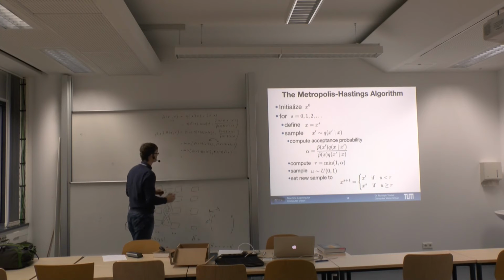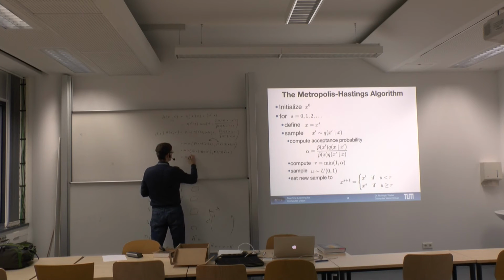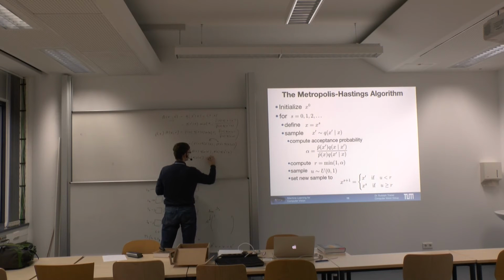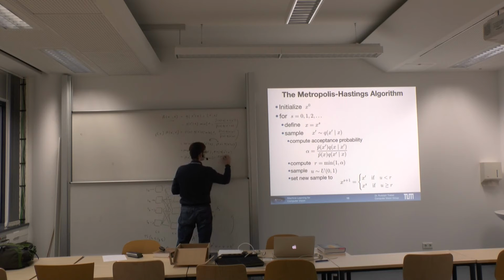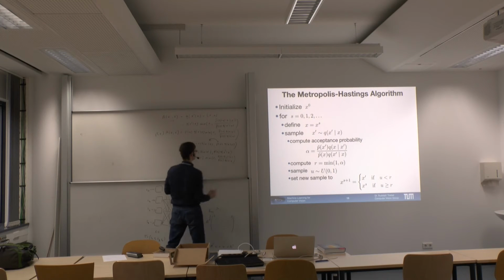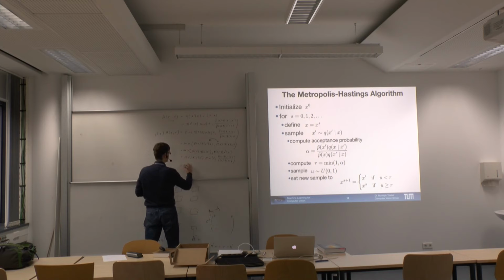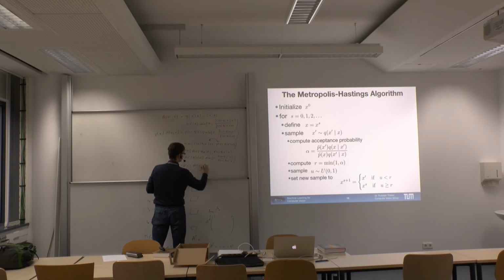This is p of x prime times q of x given x prime times minimum 1 of p of x q of x prime given x divided by p of x prime q of x given x prime. And this is the same as p of x times a of x prime x.